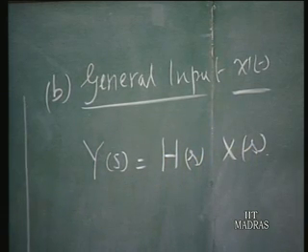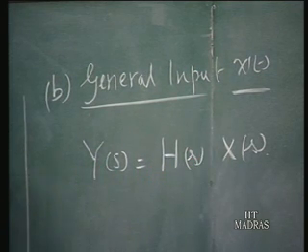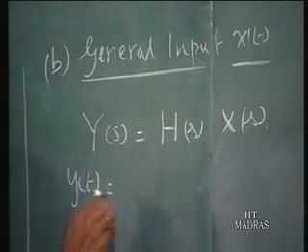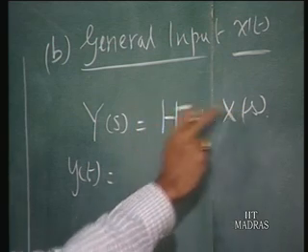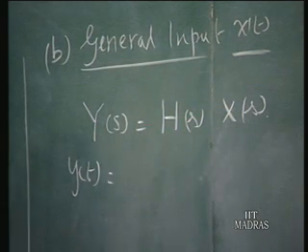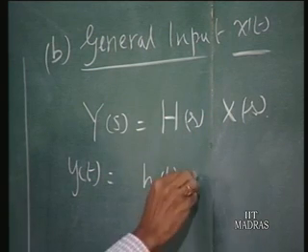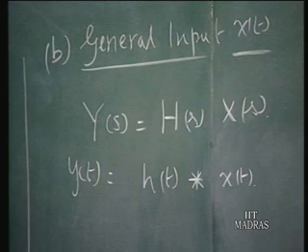Now by the convolution property, if y of s is the product of two quantities h of s and x of s, then y of t is the convolution of the time domain quantities, which are the inverse Laplace transforms of these two. The inverse Laplace transform of h of s is h of t. The inverse Laplace transform of x of s is your x of t. So in other words, the output is the convolution of the impulse response and the input quantity, a fact which we already observed in our preliminary discussion.